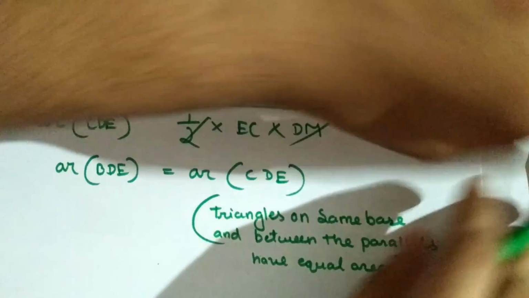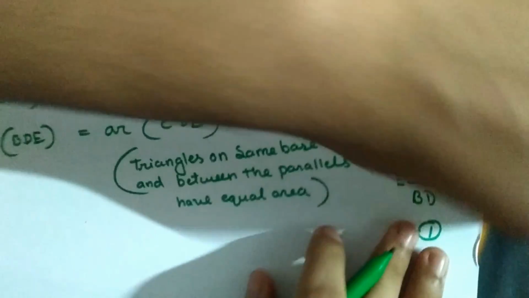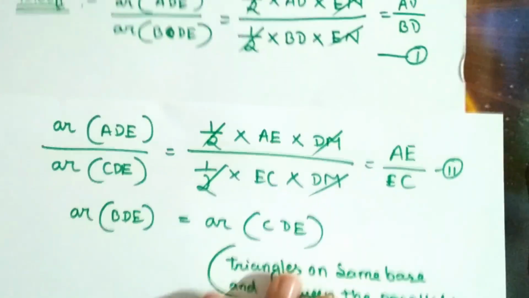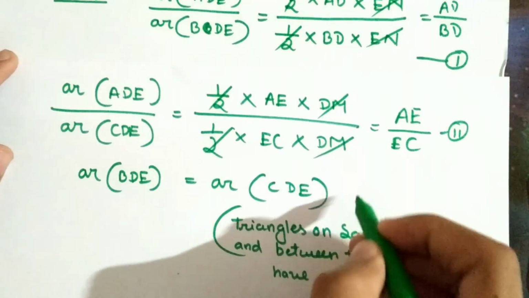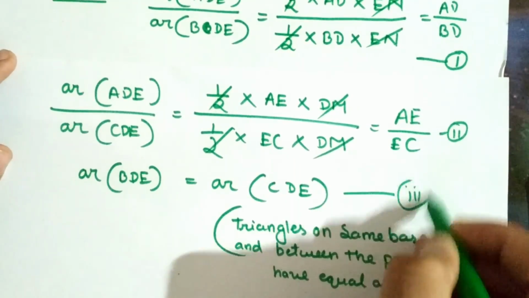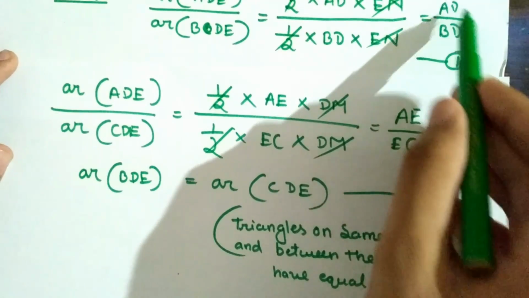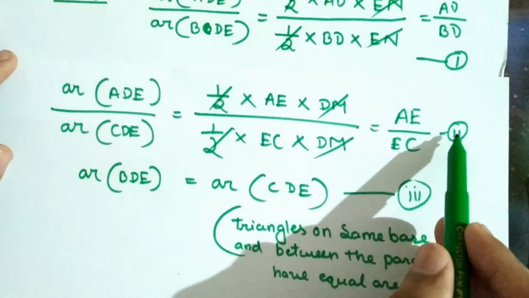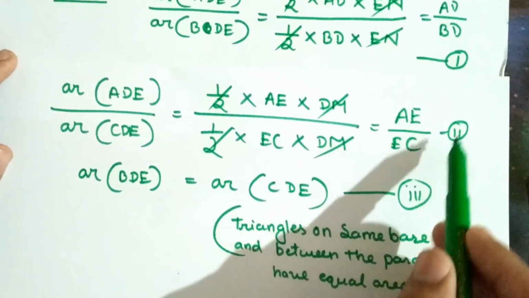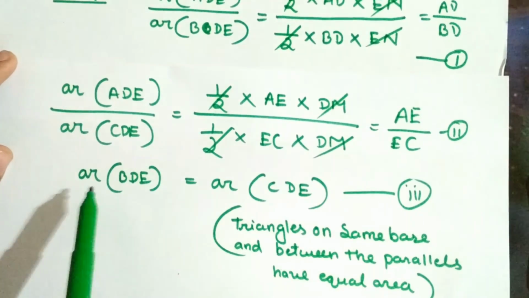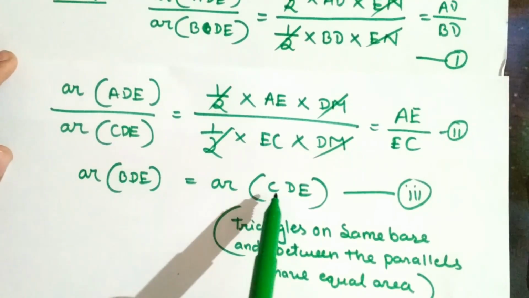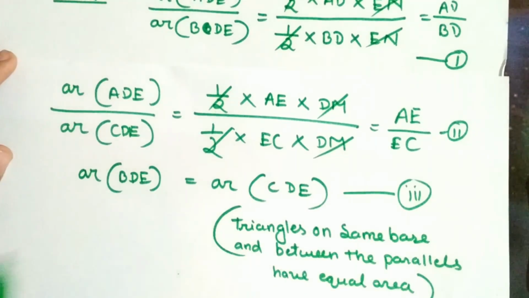Now guys, in the third step, mark it as 3. Now you see here, AD by BD is 1 and AE by EC is 2, and area of BDE is equal to area of CDE is 3.